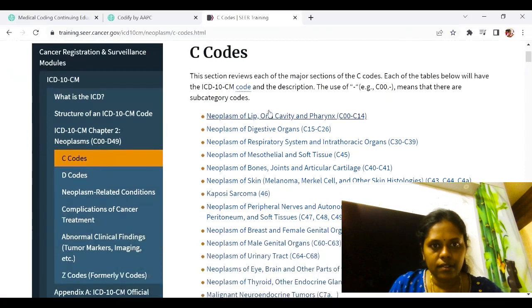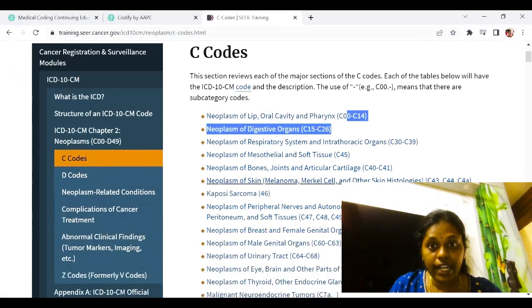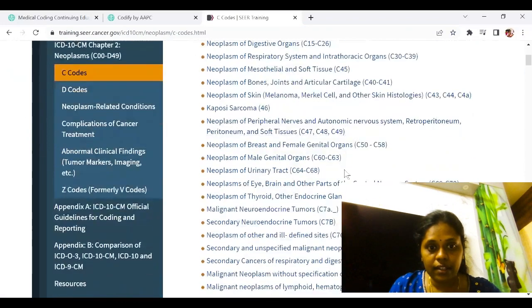So you can see the code ranges of neoplasm based on the anatomic site, C00, C15, all this.